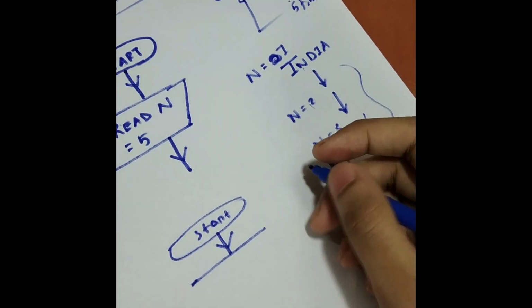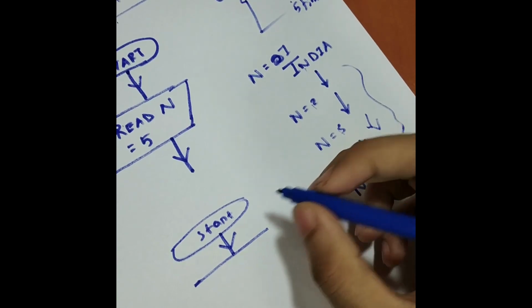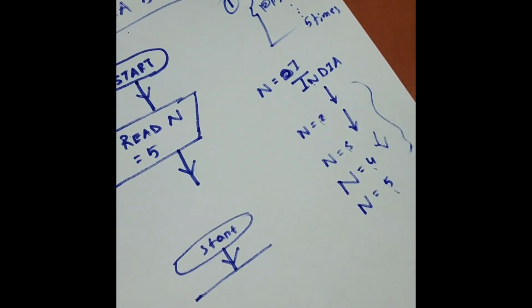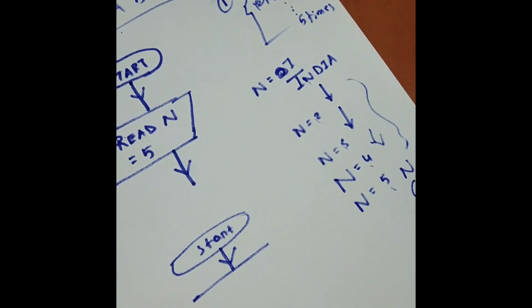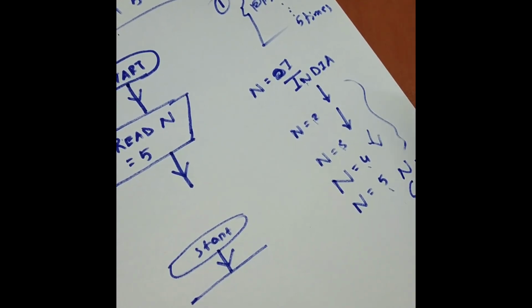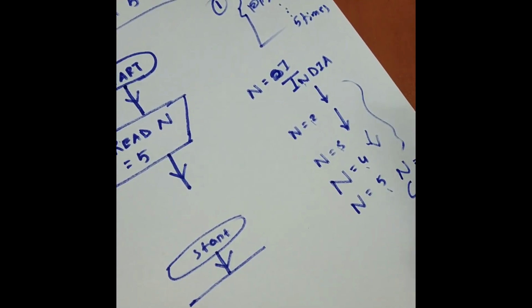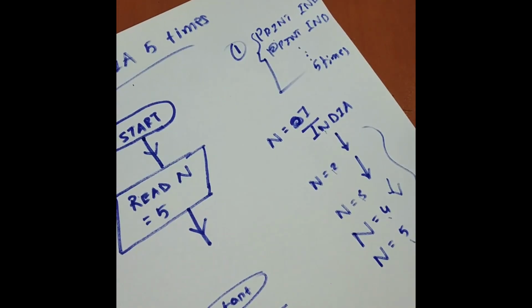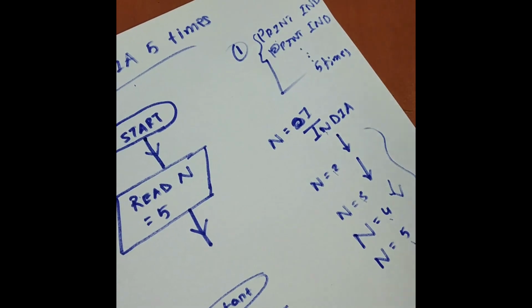Or we can do this in the decision box also. The computer will read the value of n, then the value of another variable I was talking about, as 5 and 0. Why this is 0 I will tell you, and this is 5 because the maximum number of times it should be printed is 5.